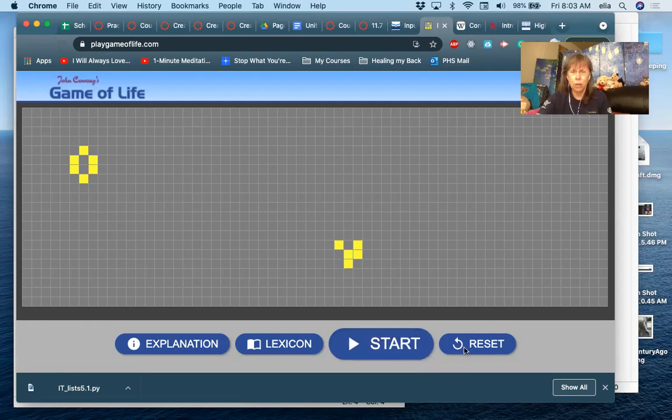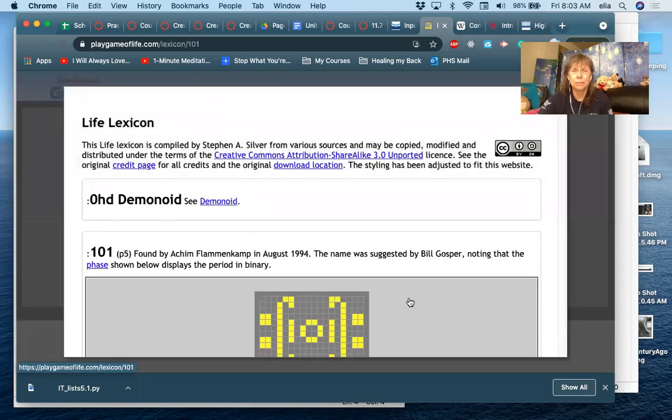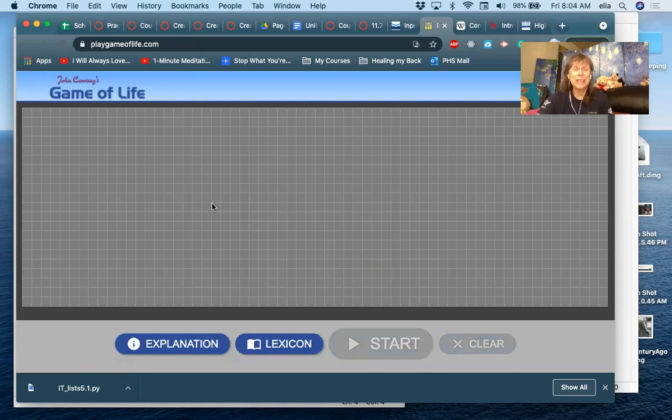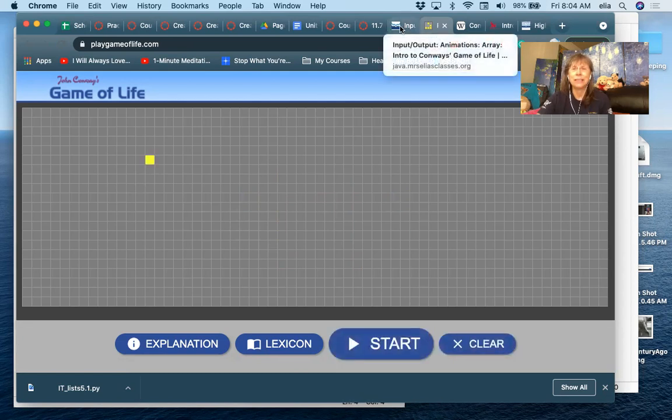I'm not sure why it's doing this. Let me see, clear. Oh, shoot. I didn't mean to do that. No, I don't want to draw it. You don't all have this. Oh, okay. No, you don't want this. So I guess you could actually draw the glider over here.